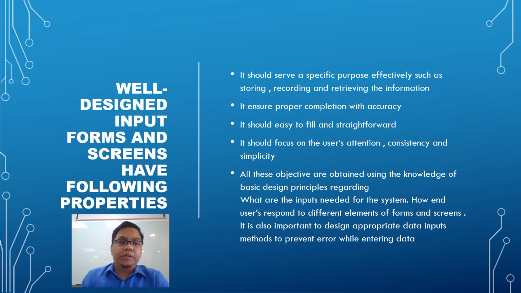All these objectives are obtained using the knowledge of basic design principles regarding what inputs are needed for the system, and how the end user responds to different elements of forms and screens. It is also important to design appropriate data inputs and methods to prevent errors while entering the data.